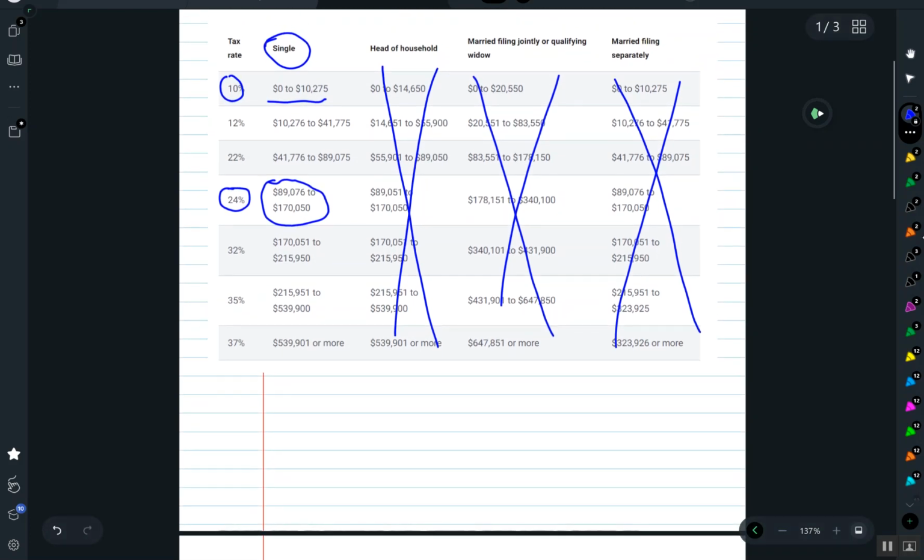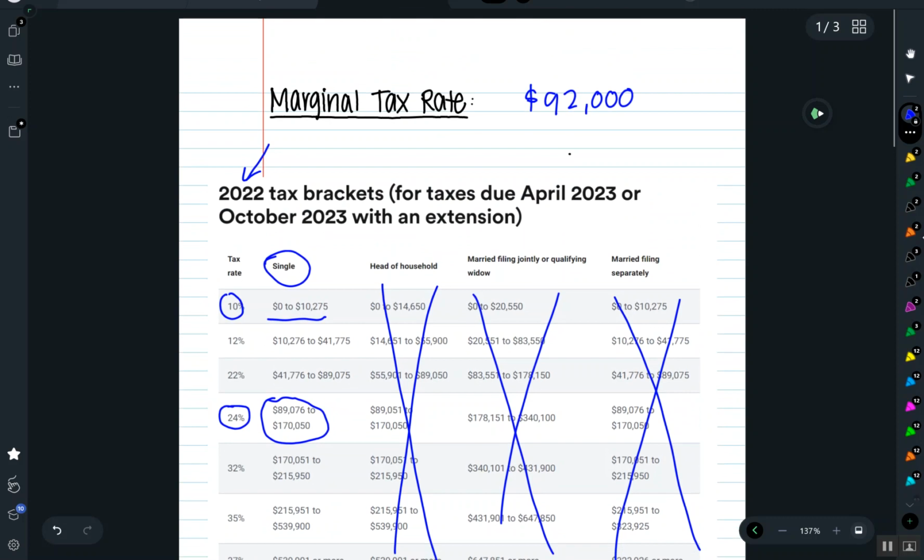So in this case, for the first $10,275, you are going to pay 10%. Okay, all right, so then you would calculate that, and that's $1,027.50.